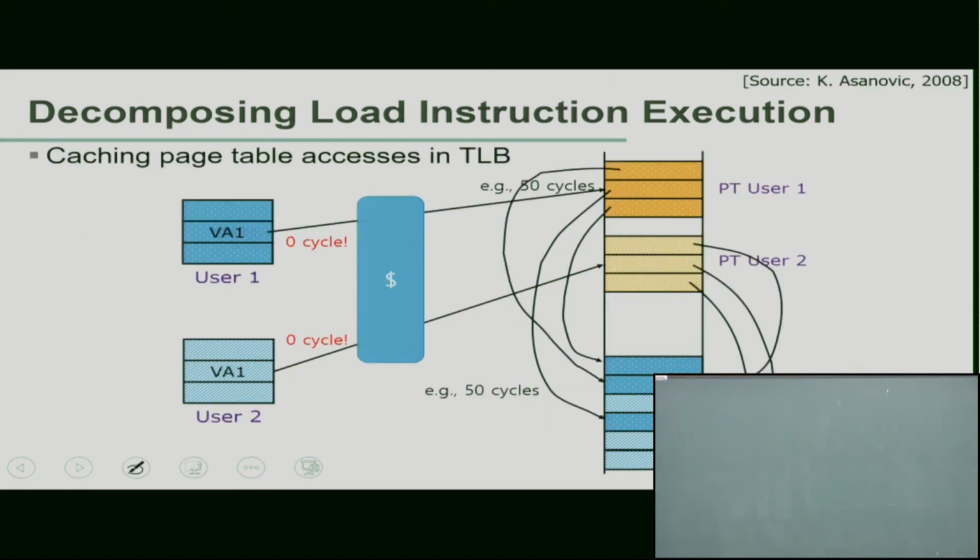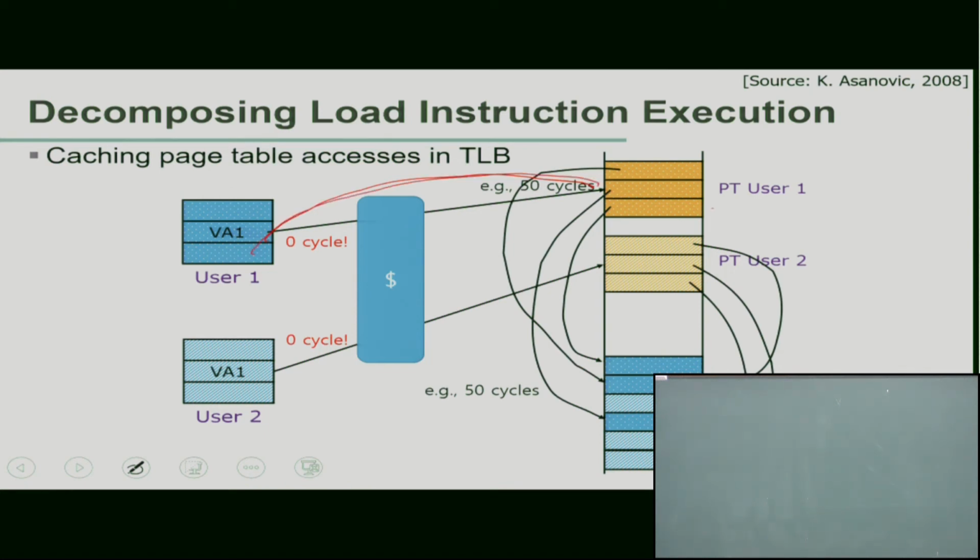So it's actually very inefficient. If you want to access some specific location in memory, you first have to go through address translation through the page table. So whenever you access memory, it requires at least 2 memory accesses. The first is to access the page table.